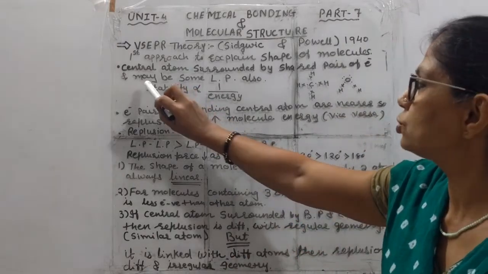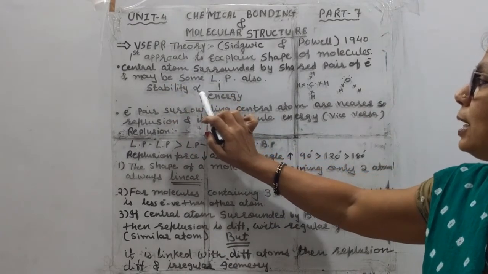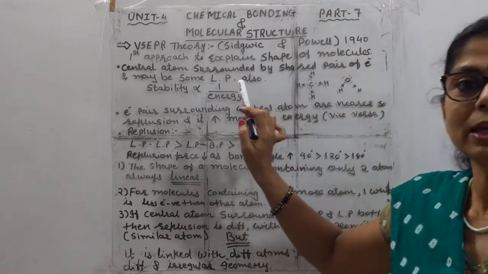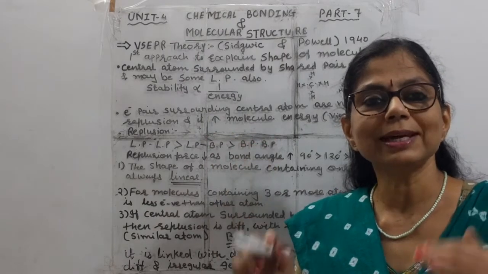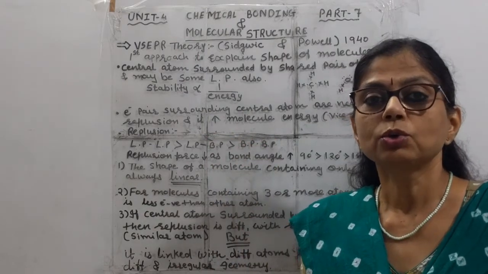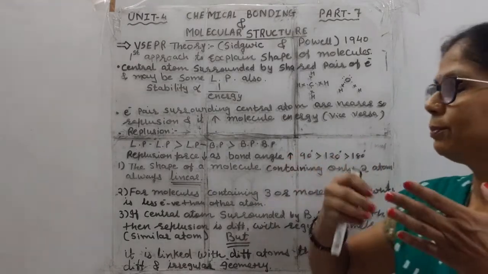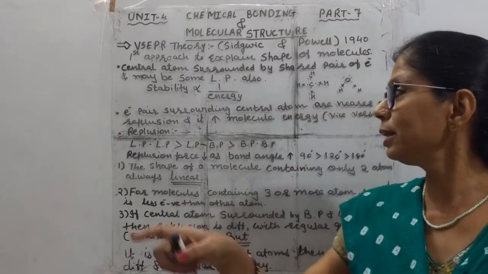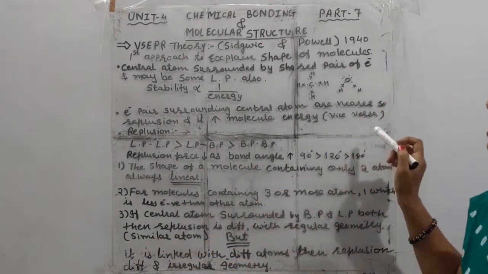That is the first postulate. Stability is inversely proportional to energy, meaning the lower the energy, the more the stability. So the central atom tries to attain lower energy by repelling the surrounding atoms, and so the molecule gets more stable.